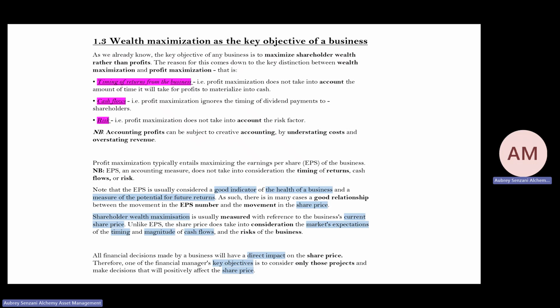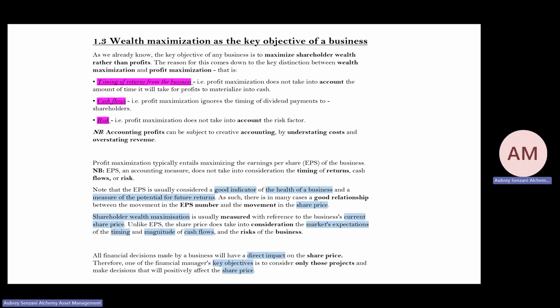Okay, while a very good measure, it is more profit orientated. All right, it is more accounting orientated, which is not a bad thing, but we just need to understand these things and understand their value add in our role as a financial manager.